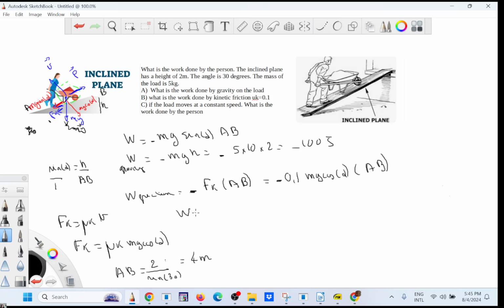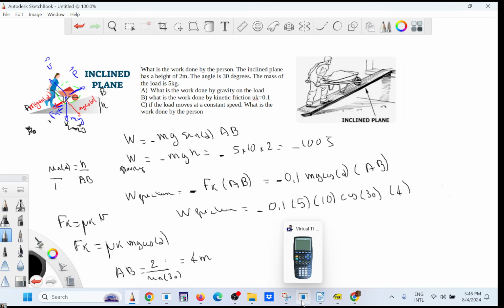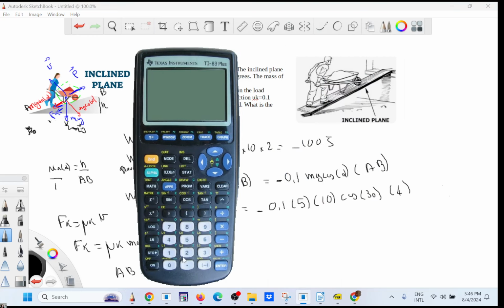So the work done by friction is going to be minus 0.1 times the mass 5, times 10, times cosine 30, times 4.